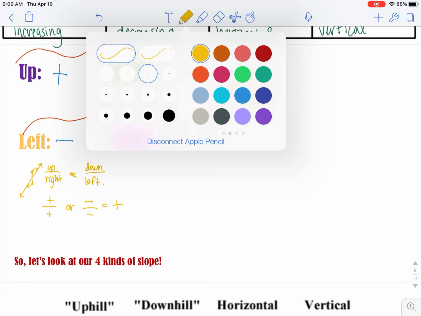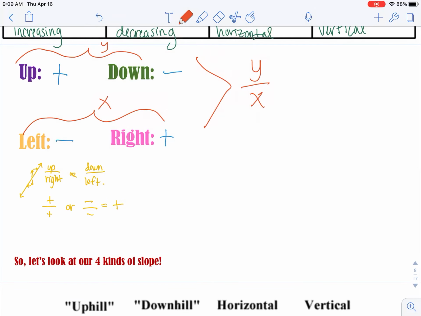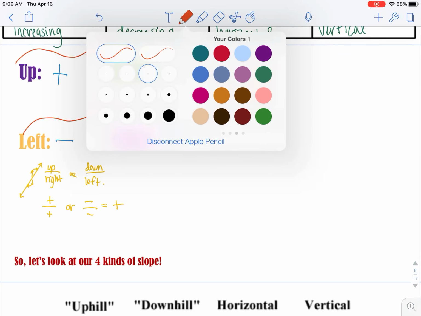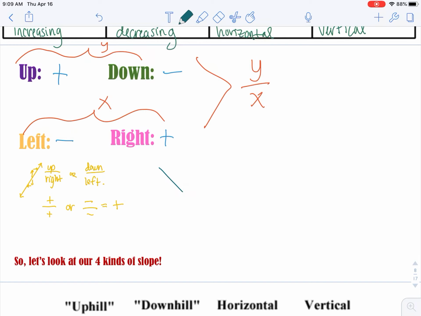We also have our decreasing slope. I'm going to use a different color for that. Our decreasing slope goes either down and to the right, or up and to the left.